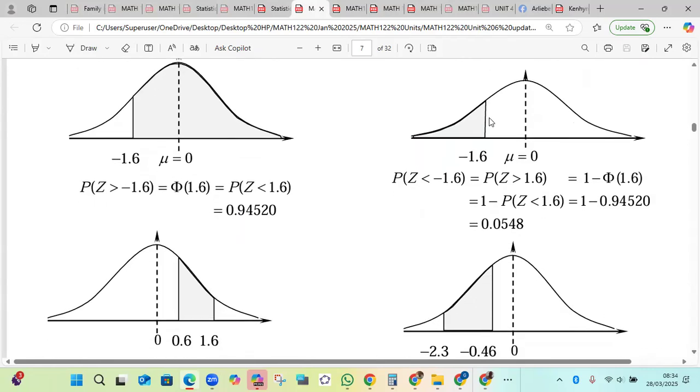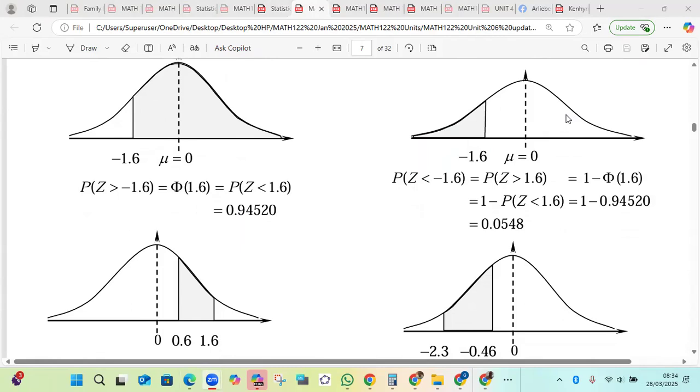So here's a similar example of finding z less than negative 1.6. So this is the same as z more than 1.6. A left tail for the same z is the same value as a right tail, because we are trying to find the area of a shaded region, which is probabilities.